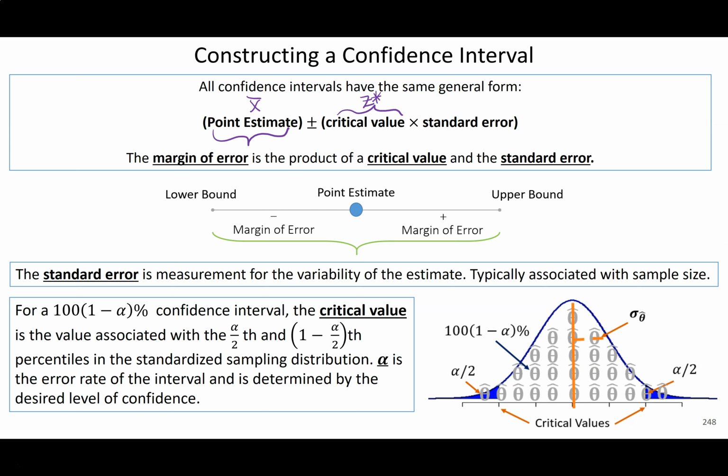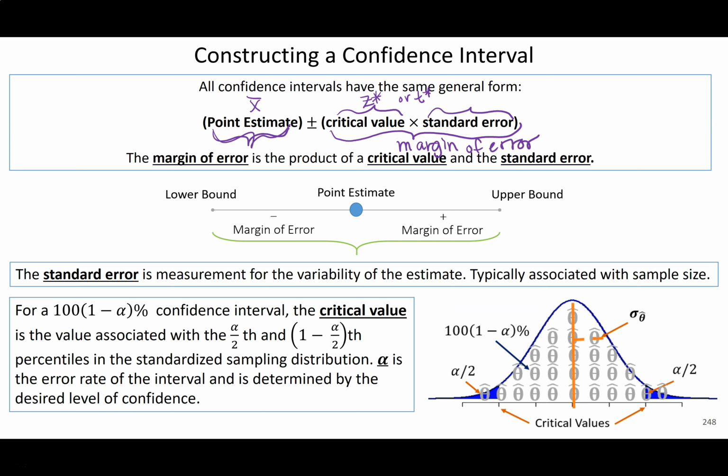Next week we'll introduce t stars, but your critical value is going to be z star or t star. And standard error, something about that spread. So you have your point estimate, and everything after it, plus or minus, that's your margin of error.